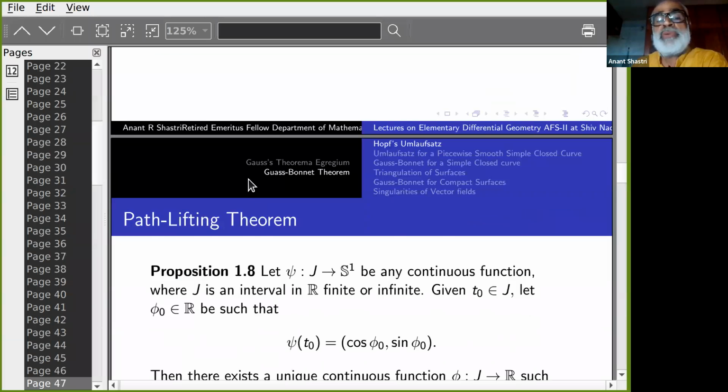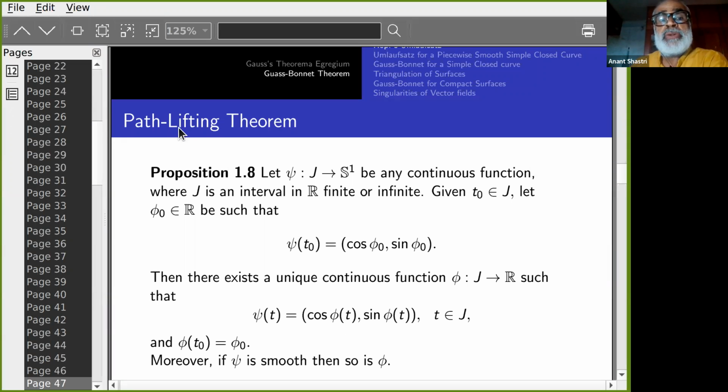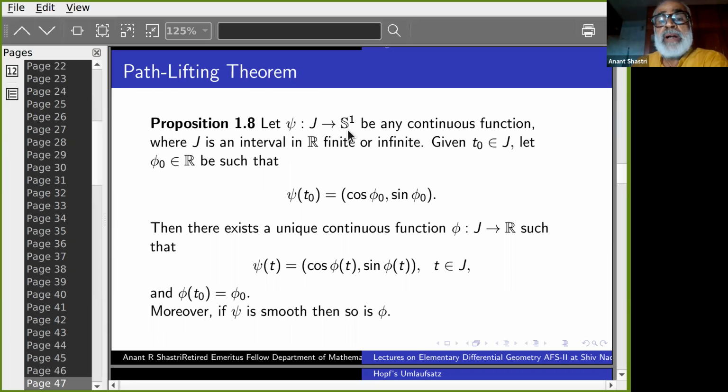It was proposition 1.8. It was called the path lifting theorem. It just said that if you have a continuous function from an interval J inside R to S1, J could be finite, infinite, whatever, t naught belonging to J, phi naught in R, such that psi of t naught is one single point I have defined as cos phi naught, sin phi naught. Then you have a continuous function on the entire interval, phi from J to R, such that psi of t is cos phi t, sin phi t.